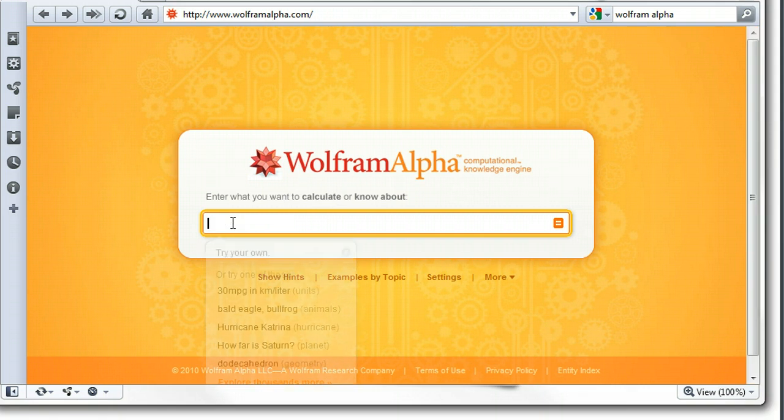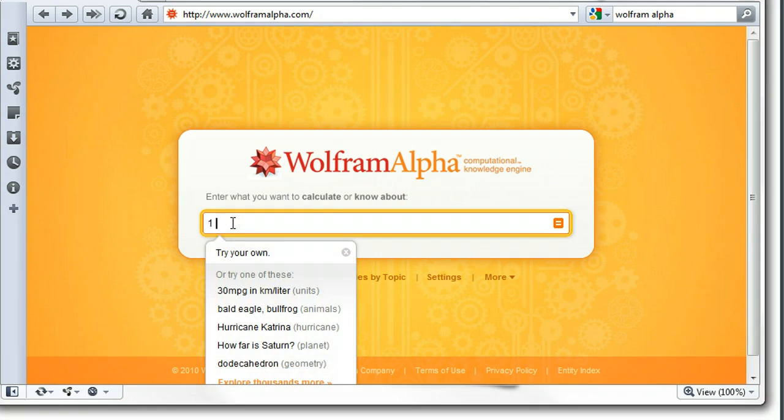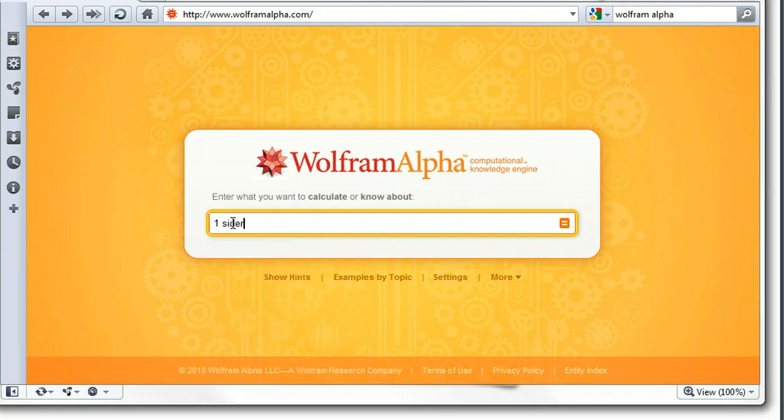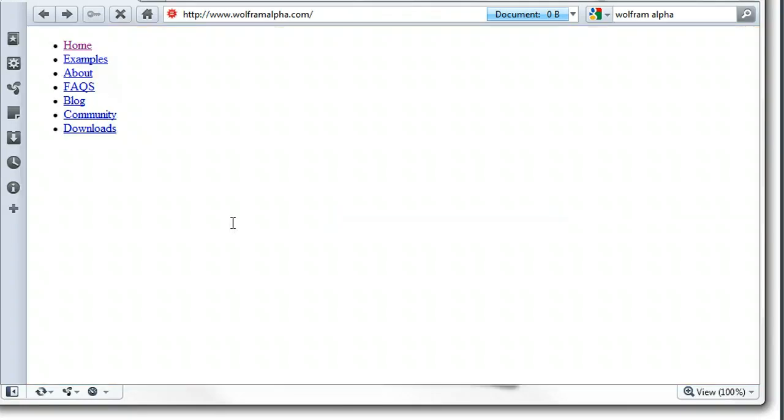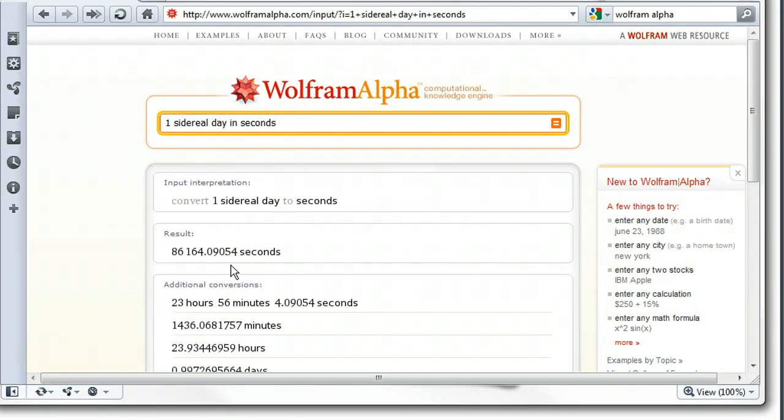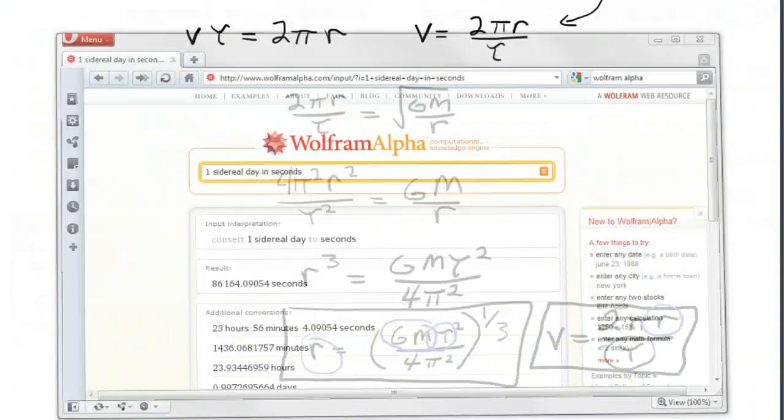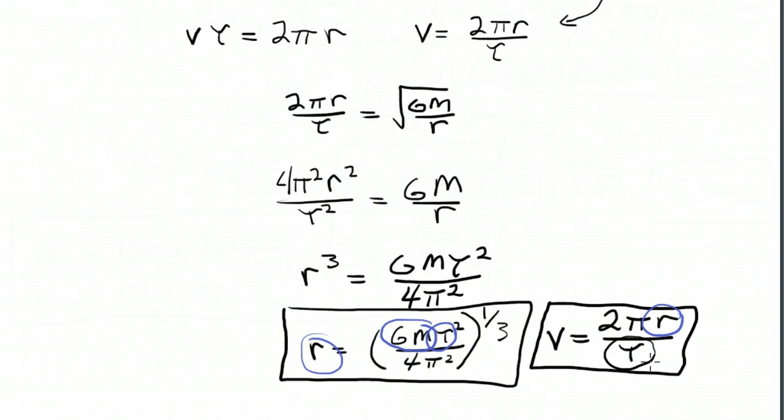Here it is. Wolfram Alpha is smart enough that we can just type in a day in seconds. And so then we know how many seconds we need, 86,164. Okay, there's the time in seconds for the period, and we need the mass of the Earth and the gravitational constant, so we'll put those in.